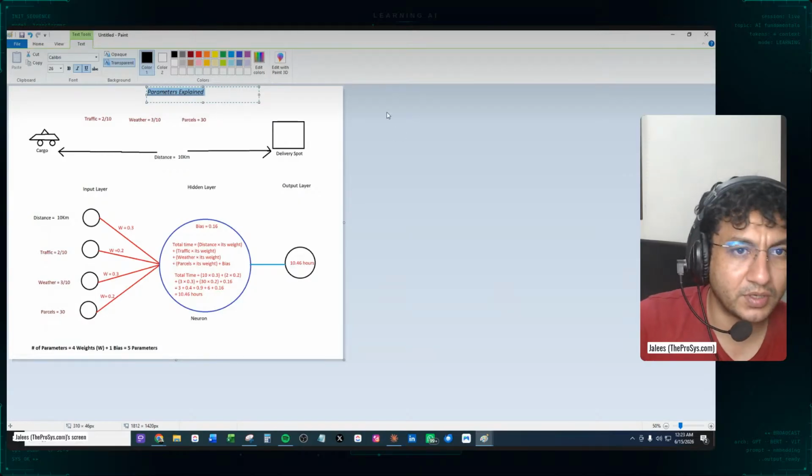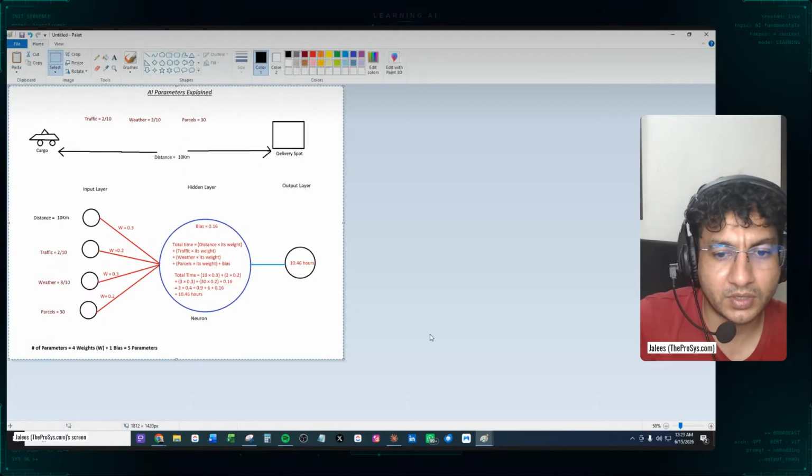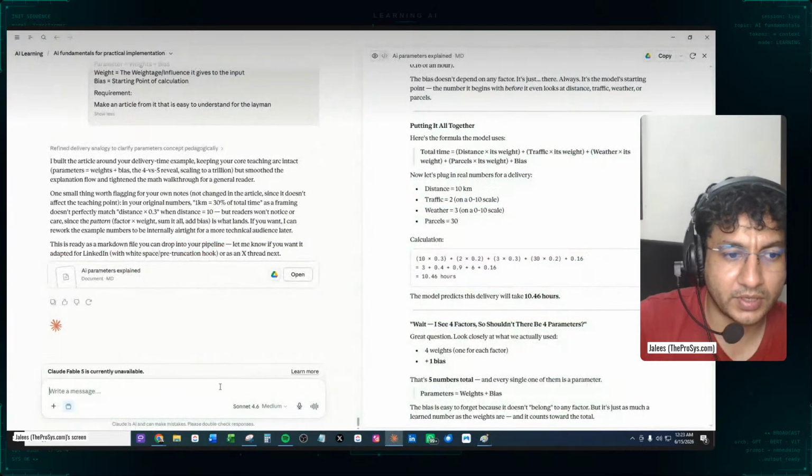Parameters explained, okay. AI parameters explained, so let's go and see my understanding.